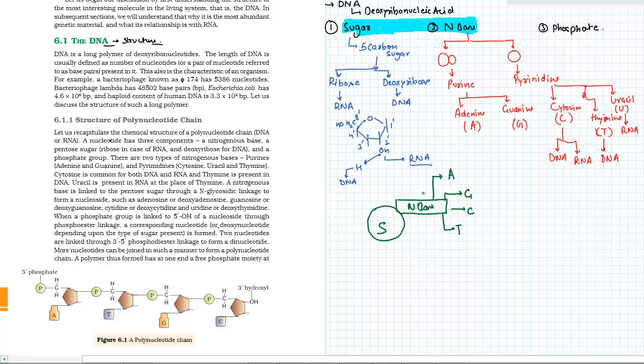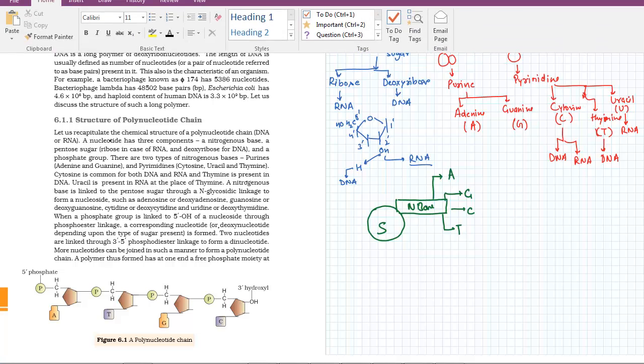This whole structure, the nitrogenous base along with the sugar molecule, has its own respective names.